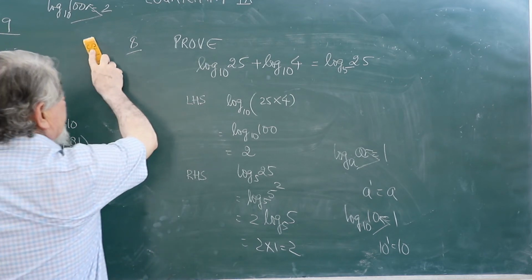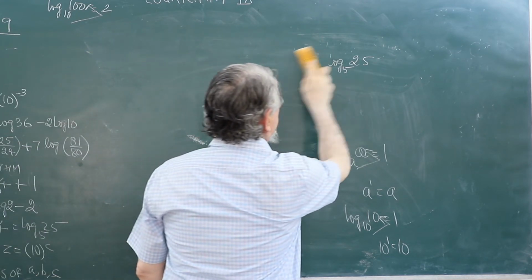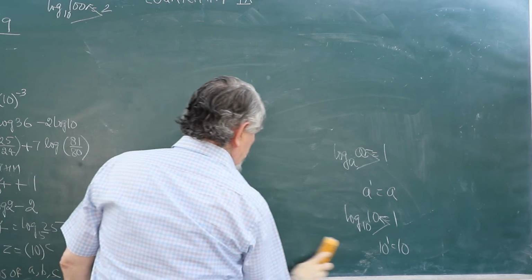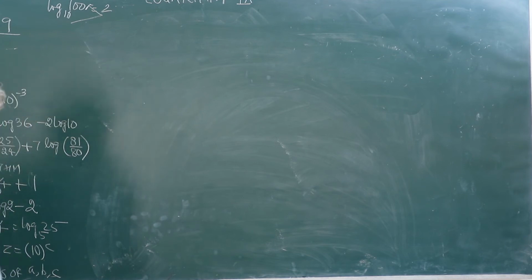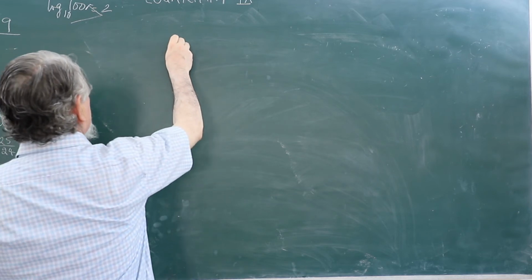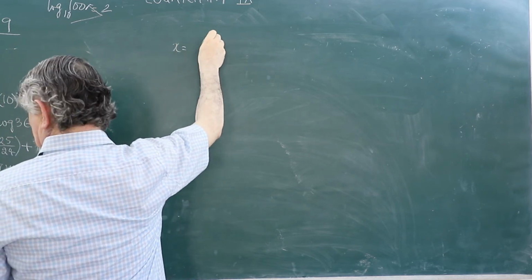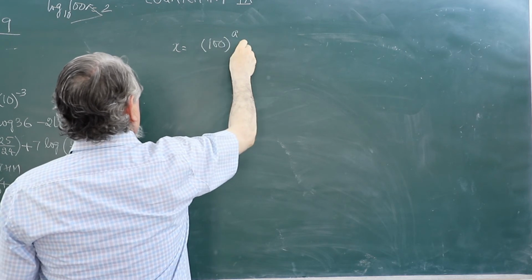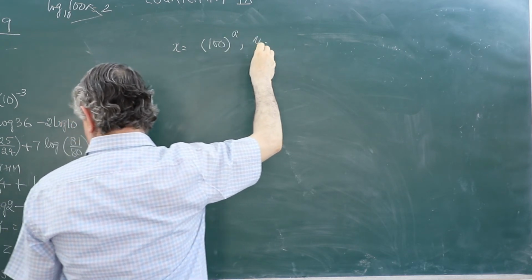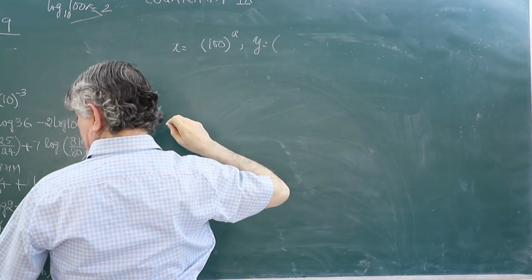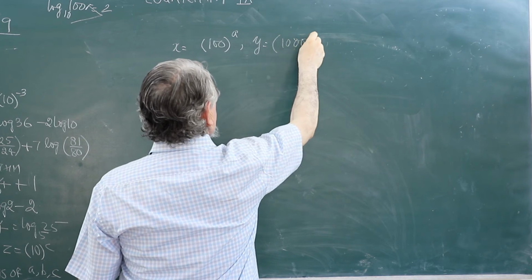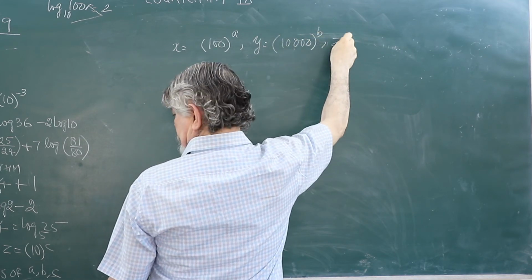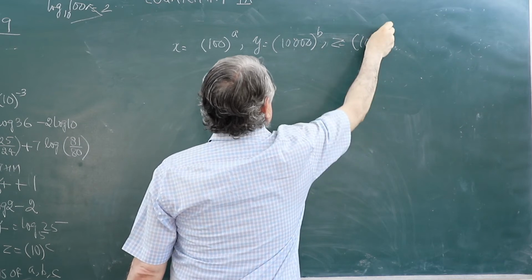Let us see question number 9. He says if x is equal to 100 to the power a, y is equal to 10,000 to the power b, and z is 10 to the power c.